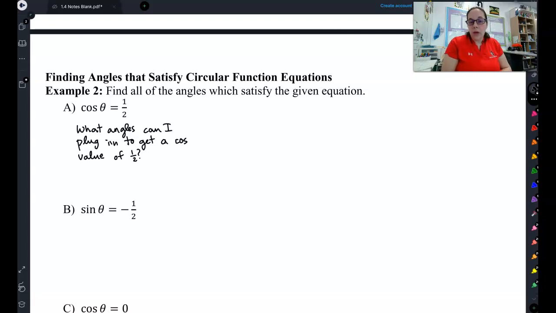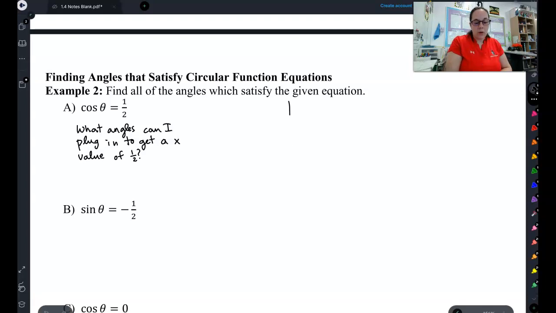Now, we know that cosine is just another word for the x value. So instead of saying what angles can I plug in to get a cosine value of 1/2, let's change this to what angles can I plug in to get an x value of 1/2.